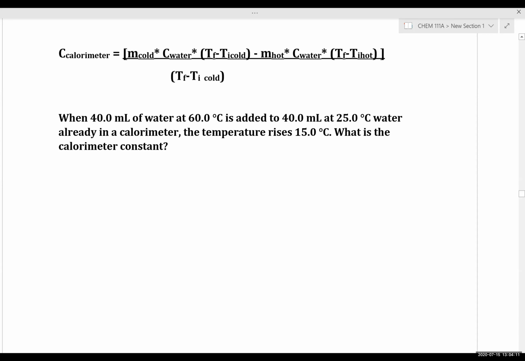Yeah, the density of water can be approximated to 1 gram per mil. So you can convert the volume of water into the mass of water.